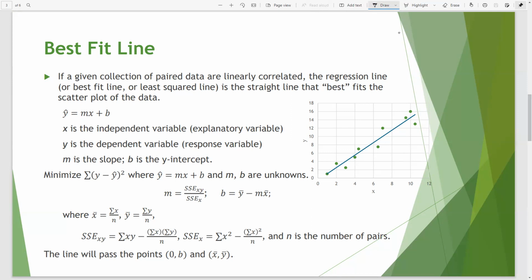In this equation, m is the coefficient of x, so that is the slope, and b is the y-intercept.